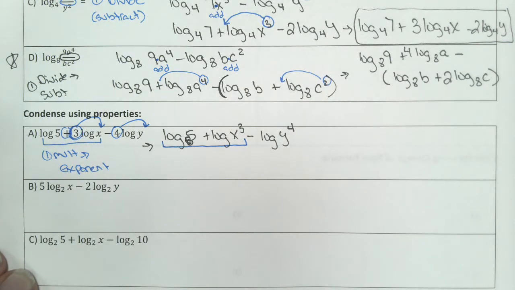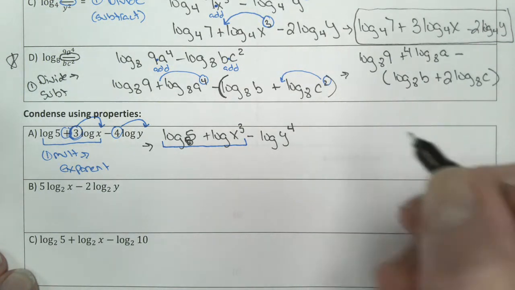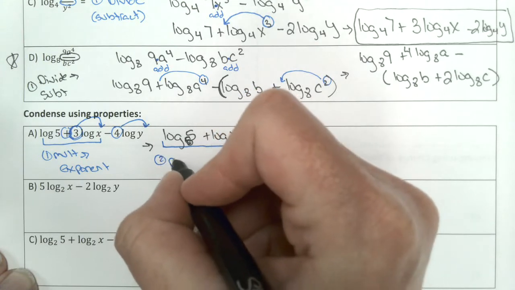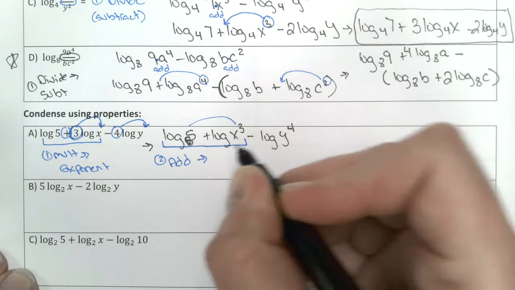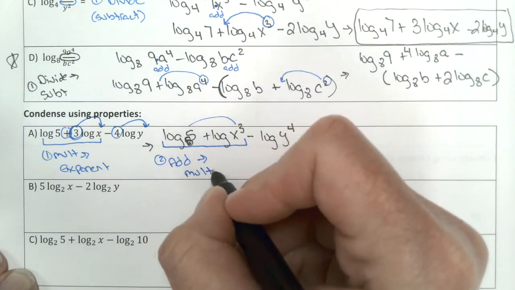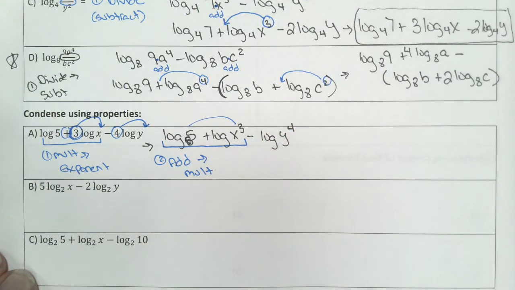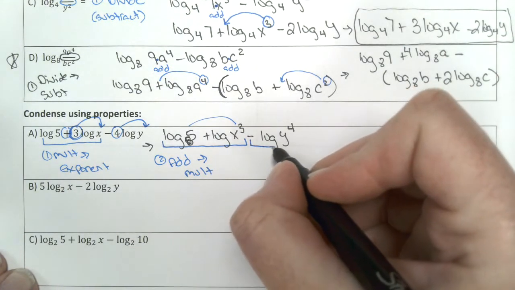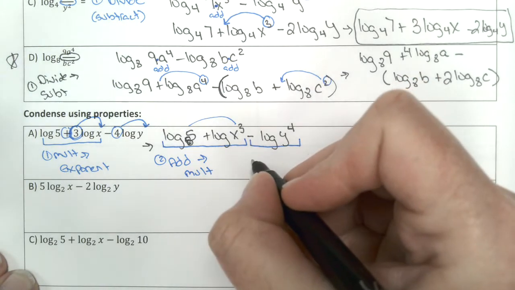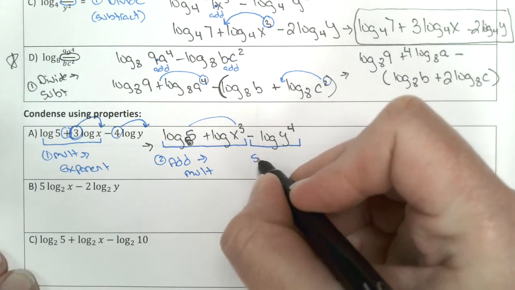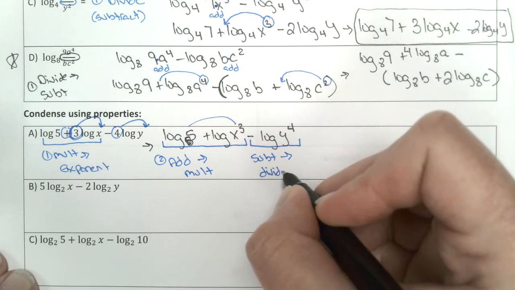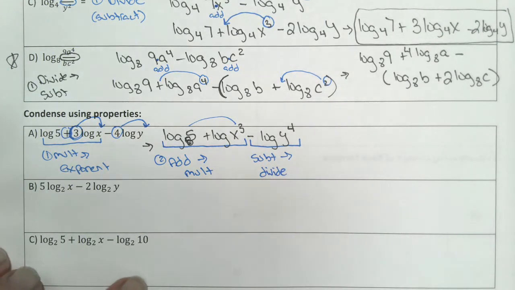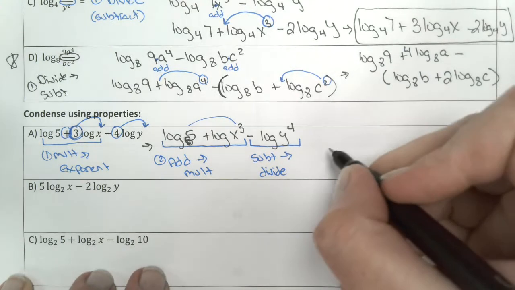These first two that are being added together, so anytime you have add, we're going to put these together with multiplication. And then I have subtraction there. And so anytime you see subtract, that becomes division. So that's going to be in the denominator.